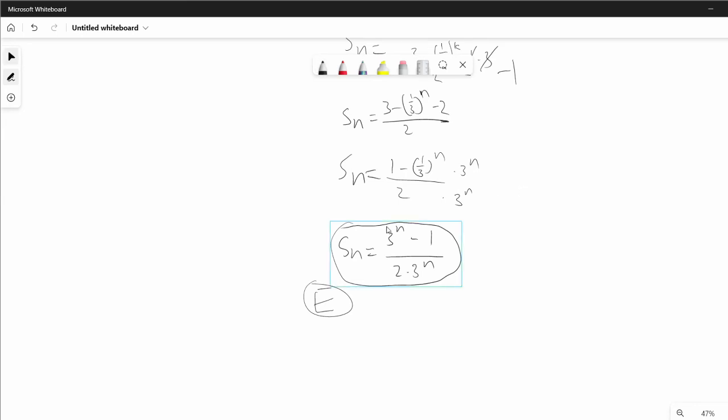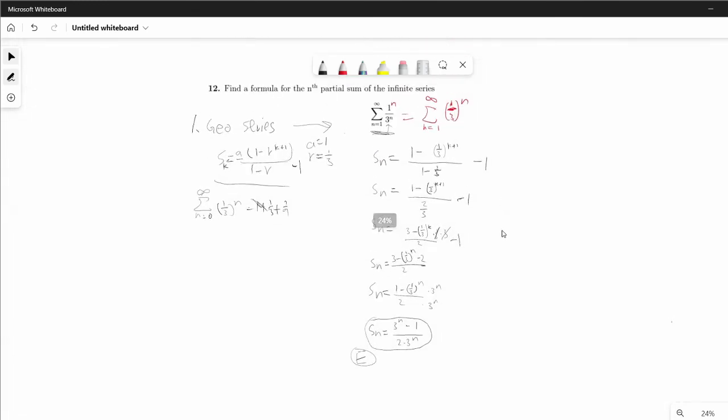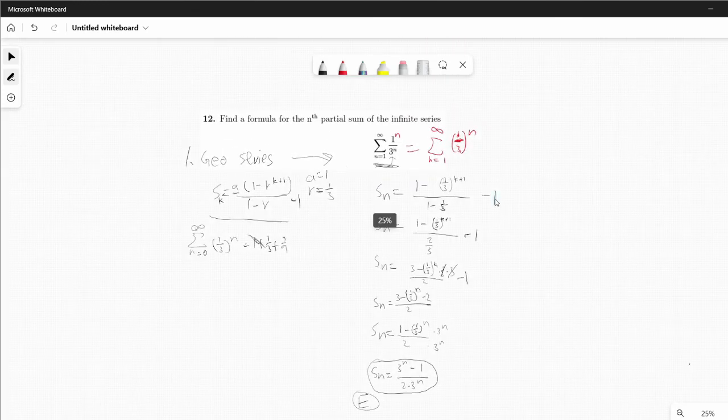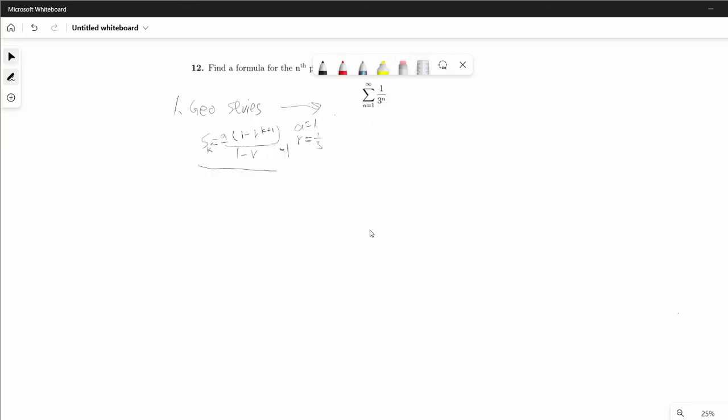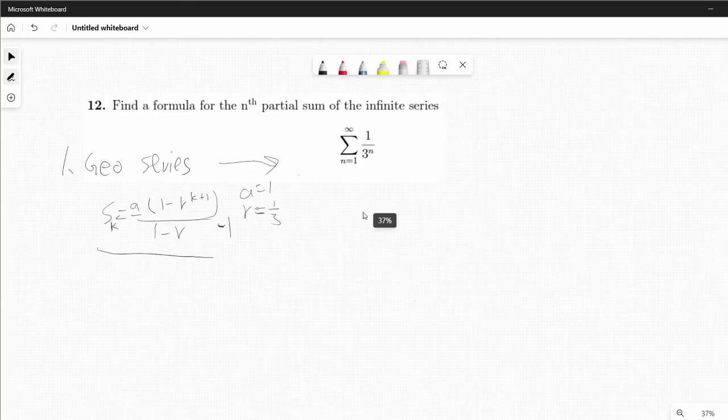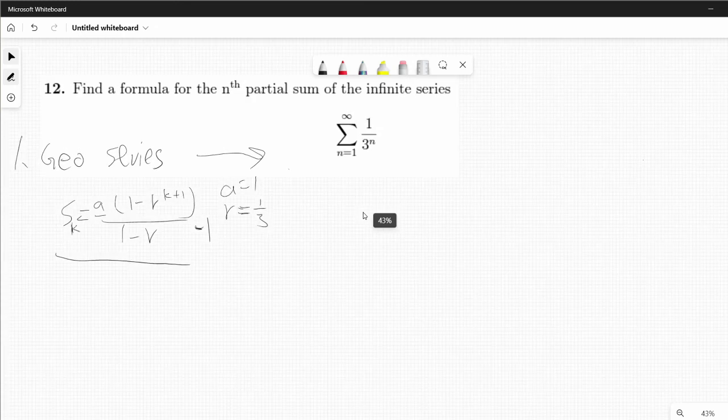I will find that out, but let's move on to method number 2. I'll actually keep the geometric series formula in here because we might use it in a little bit in case that is used. Okay, for number 2, let's say you have no idea what to do.